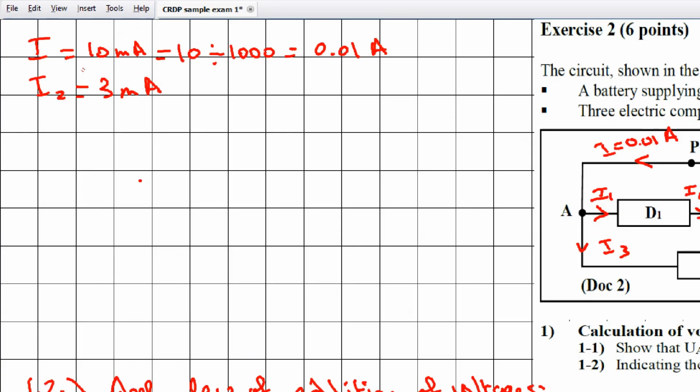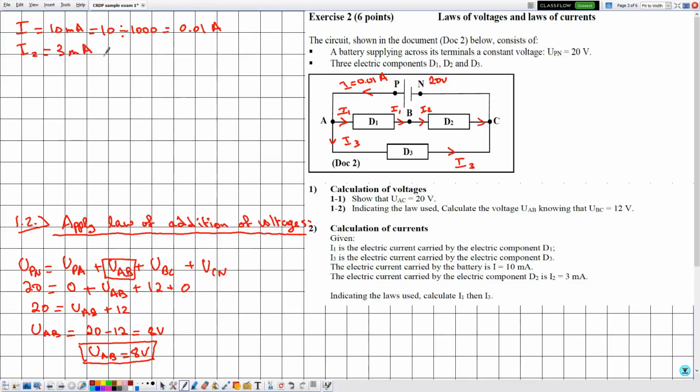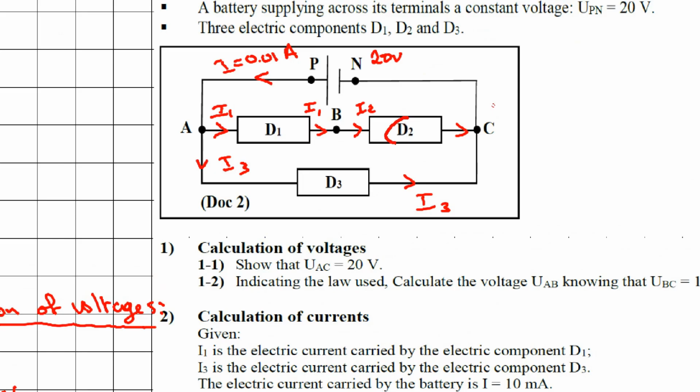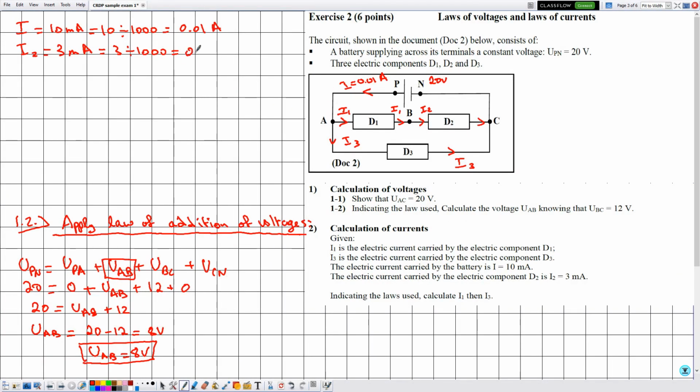Knowing that milliamps is not an SI unit of current, in order to convert from milliamps to amps, we simply divide by 1000. Then 3 divided by 1000. Then the value of the electric current I2 traversing the electric component D2 is given by 0.003 amperes. So here the value of I2 is given by 0.003 amperes.